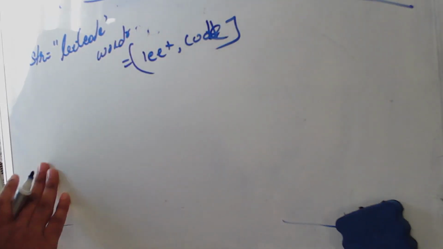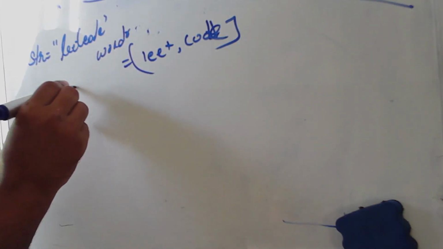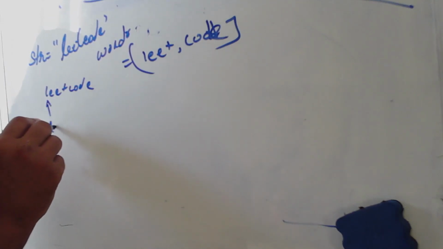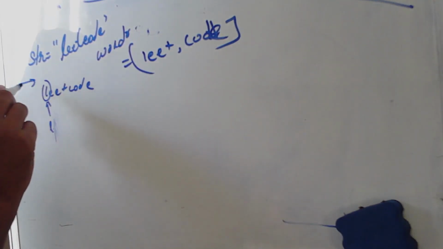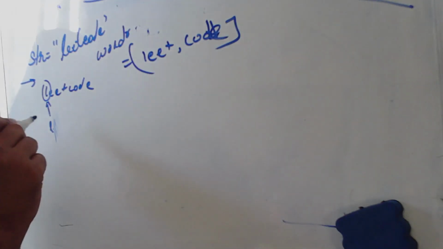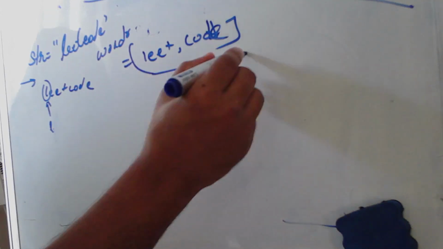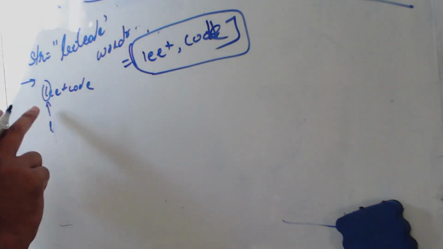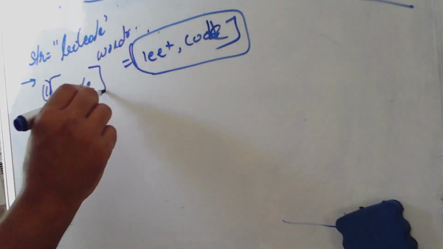If you see in leetcode, we can pick L, the first letter of the string, and compare whether L is present in the dictionary. And when you pick L, the rest of the word becomes eetcode.